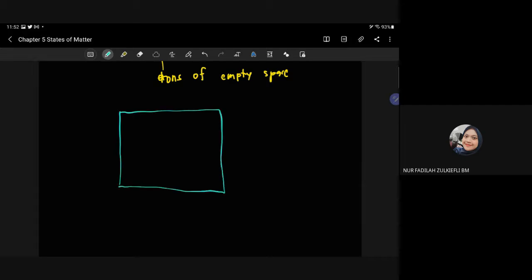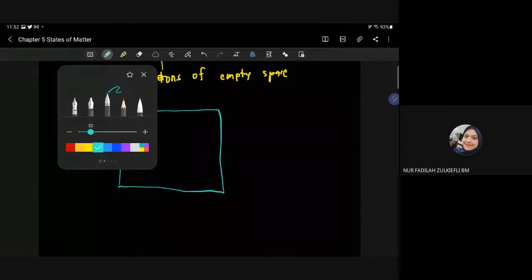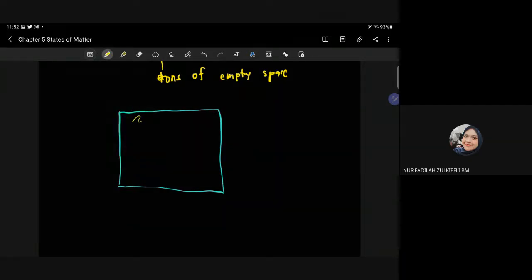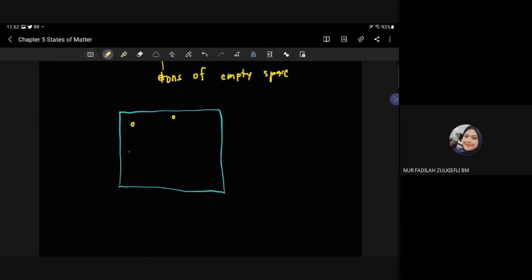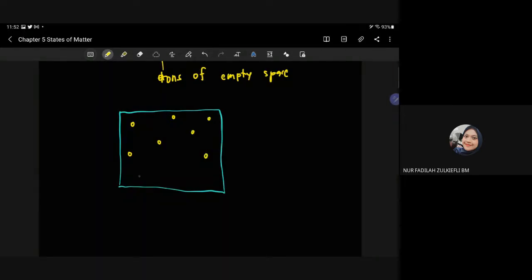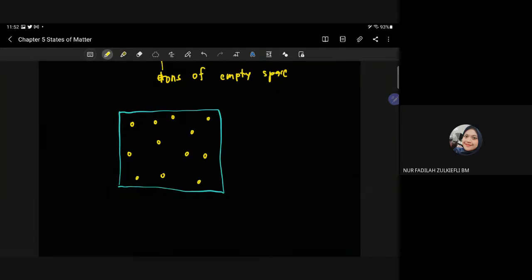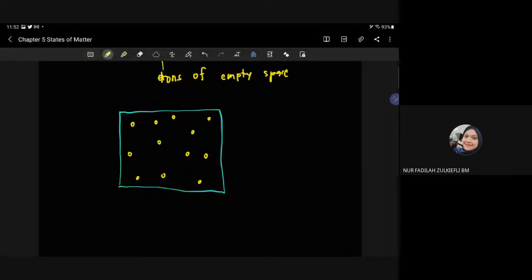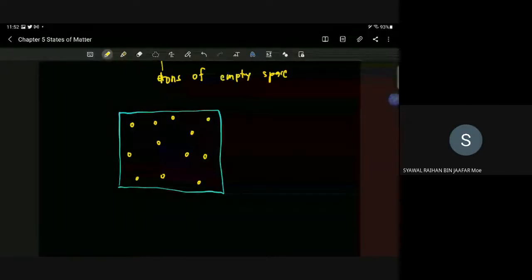So inside this container kita ada millions, billions, trillions of gas particle. Kenapa teacher kata ada millions, trillions, billions of gas particle? Sebab gas particles ni dia sangat-sangat kecil kan. So teacher tak lukis millions, teacher lukis a few je dalam ni. Okay, so apa yang berlaku, adakah gas particles ni static je macam ni? Adakah dia statik? Tak, dia sentiasa bergerak.